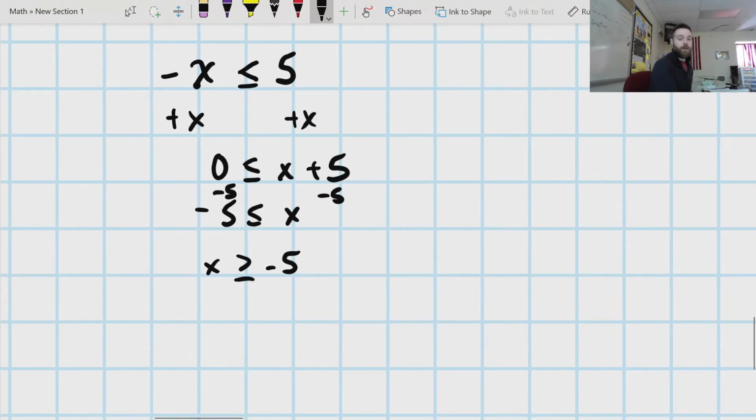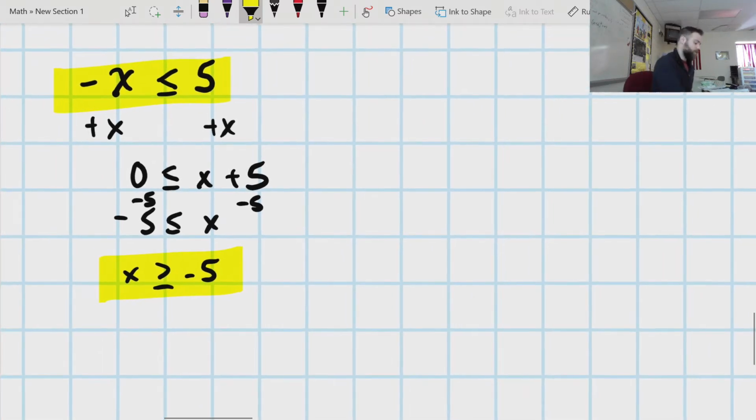So if you take a look here, these two statements are identical, other than the fact that there's a negative that moved to the other side, and then the inequality flipped directions. And the reason is because whenever you add a value to the other side of the inequality, it crosses that boundary, and it flips that inequality whenever you add and then subtract something.